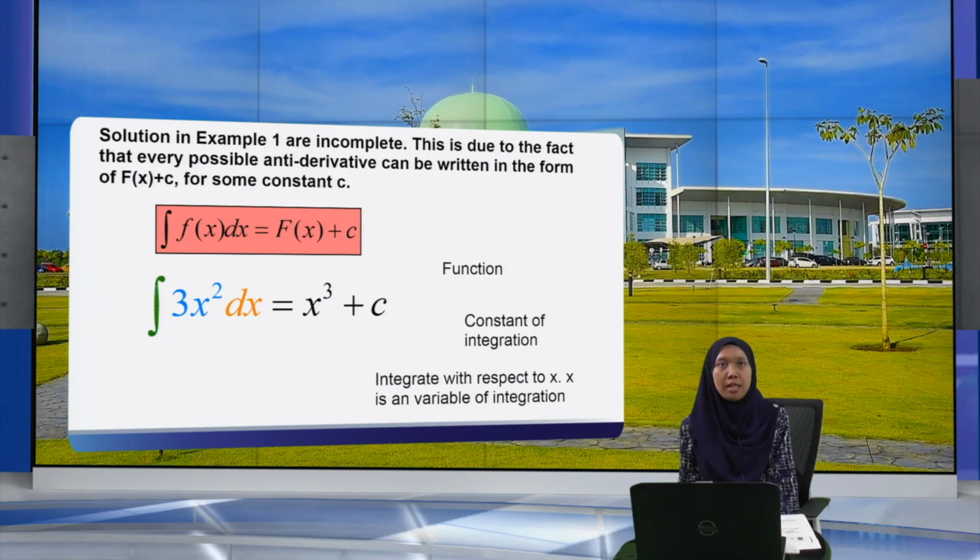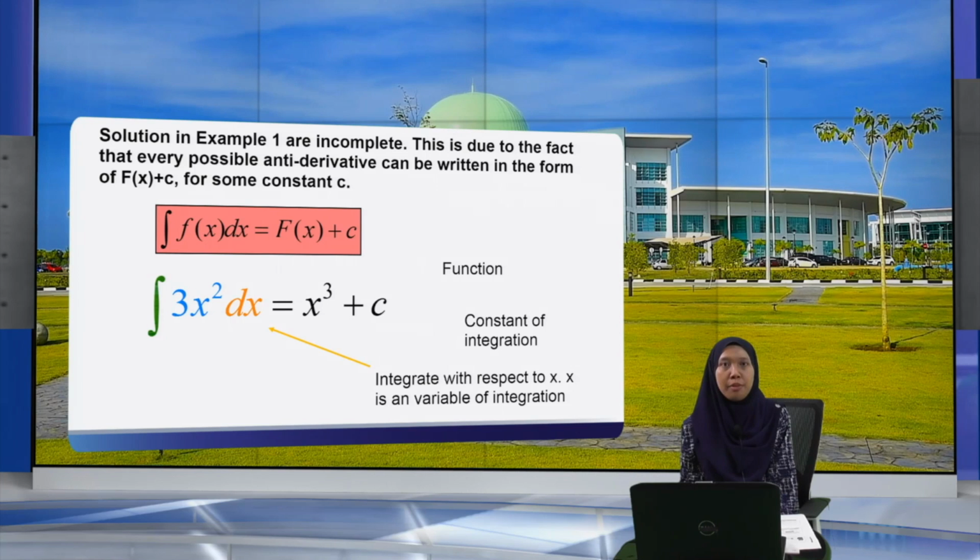In the previous slide, we have seen that the integral of 3x squared is equal to x cubed. But we are not done yet. When we integrate any function, we need to add a constant of integration in our solution.